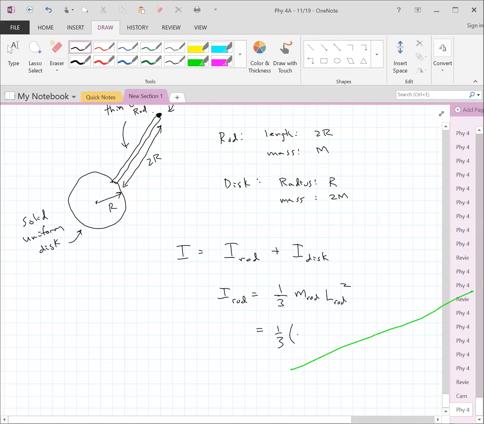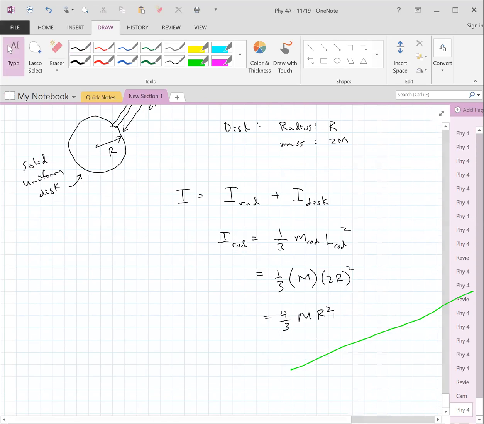The mass of the rod is just m. The length of the rod is 2R. And so what do we get? 4/3 m R squared. Now for the disk, we have to use parallel axis theorem.